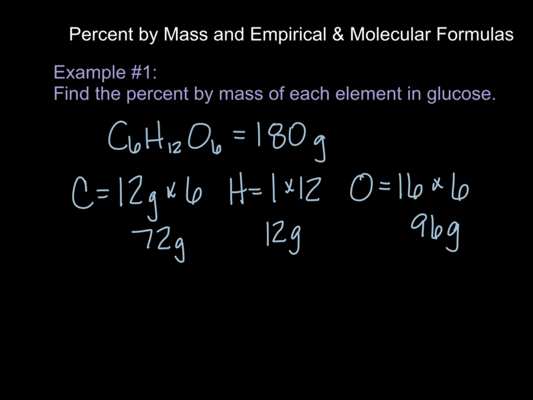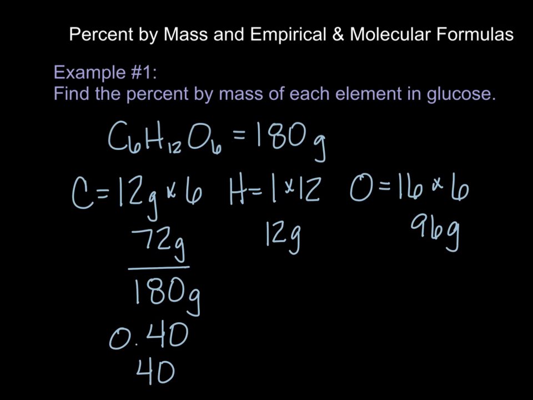So to find the percent by mass, I have to look at the mass of each of the individual elements as compared to the mass of the overall molecule, or the mass, I should say, of 1 mole of the molecule. So the percent by mass for carbon then is going to be 72 divided by 180 grams. And then I'm going to get 0.40, but I have to multiply that by 100 so that I get a percent.